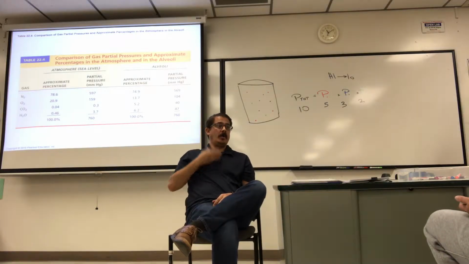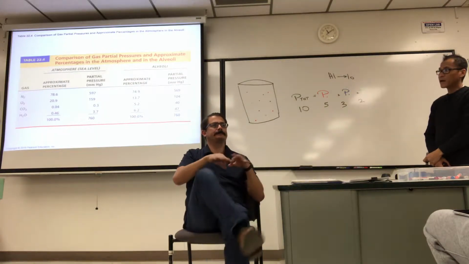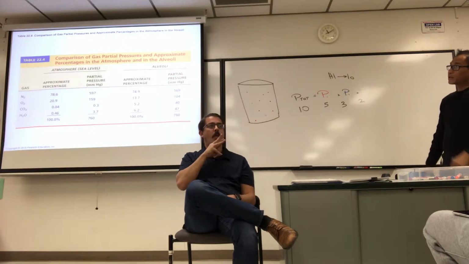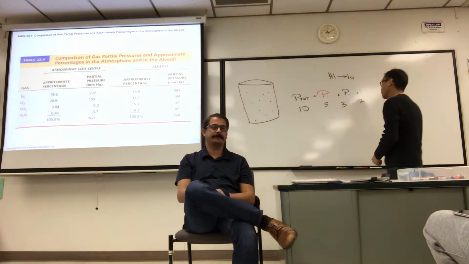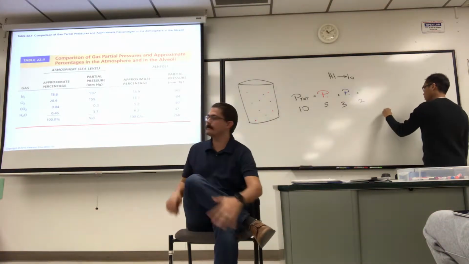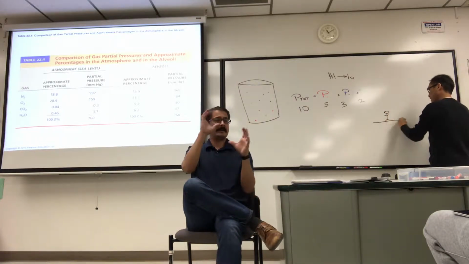So when we talk about the partial pressure of real things like the air we breathe, look on the left there. That's a partial pressure breakdown of nitrogen, oxygen, CO2, and water vapor in the air you breathe. Call it atmospheric or sea level air. So imagine that's you living under 1 atmosphere of pressure at sea level.